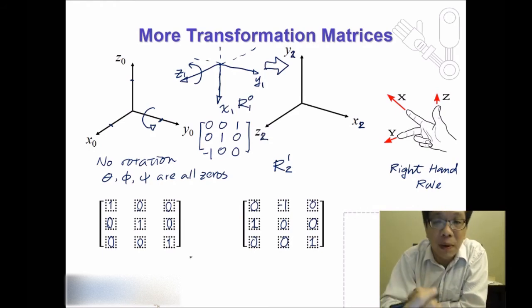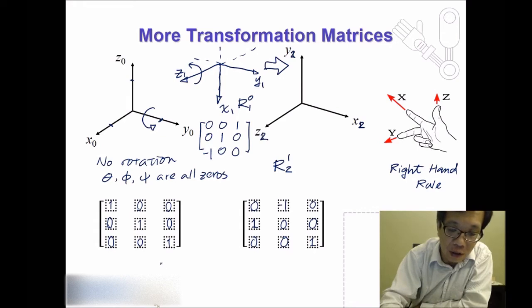So we might want to know if I actually try to convert from R0 to R2. This time it is going to be R0,1 multiplied by R1,2.